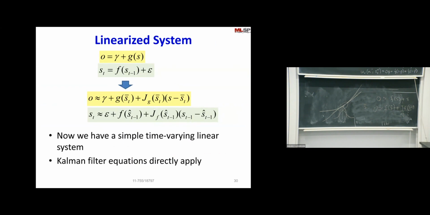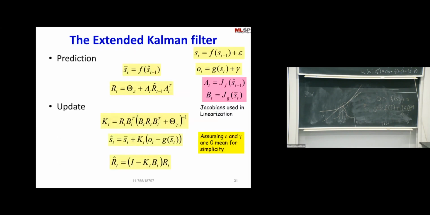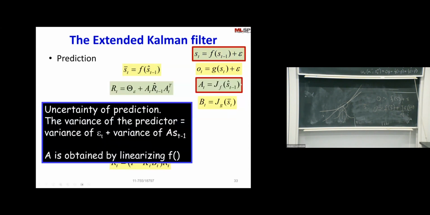The Jacobians, right? Make sense? Okay. And so I'm just going to be saying that A out here is the Jacobian of the state transition function. And so I'll just be multiplying.